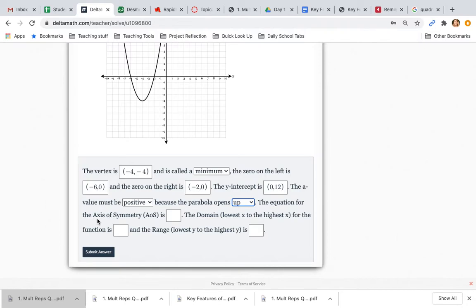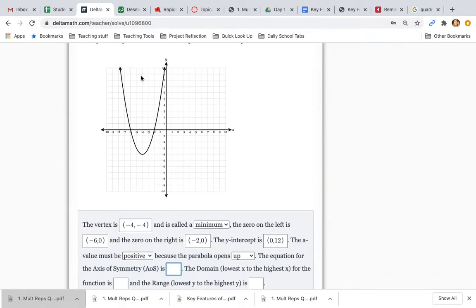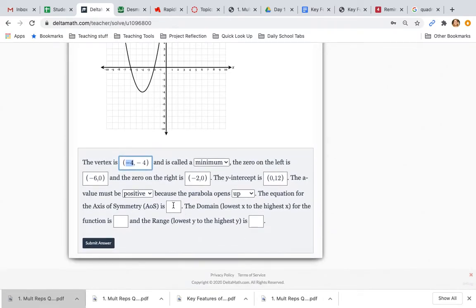The equation for the axis of symmetry, so look back at your vocab. Remember that your axis of symmetry is like a vertical line that cuts it in half. When I come down the middle, where is that x? Right there at -4. I can also see it from the vertex, which is right here. So if I write my equation, I'm going to use this x value from my vertex every single time.